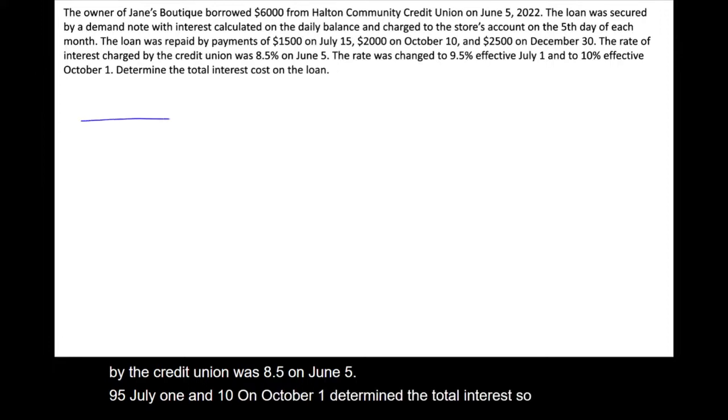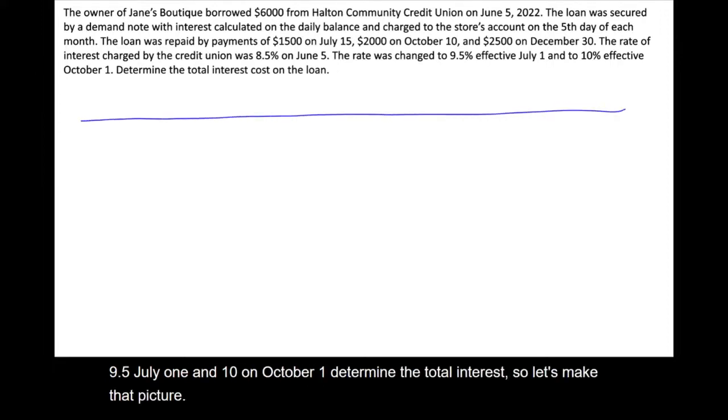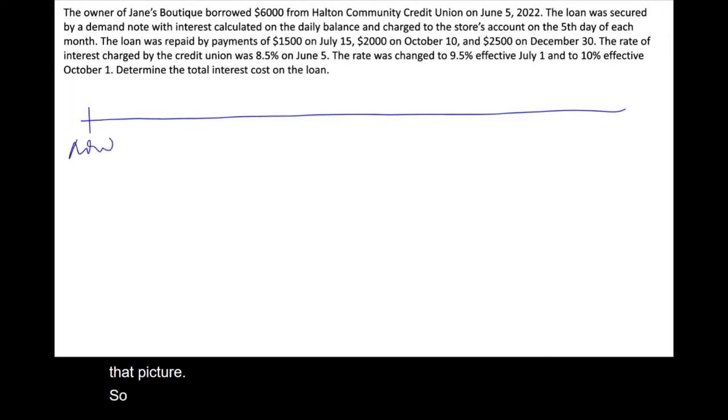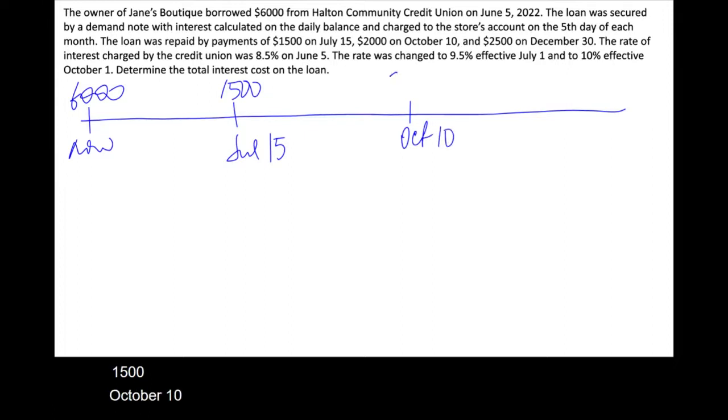So let's make that picture. Now borrow 6,000. How long do you have on the test? 2 hours. Okay. So July 15, 1,500, October 10, 2,000, and December 30th, 2,500.